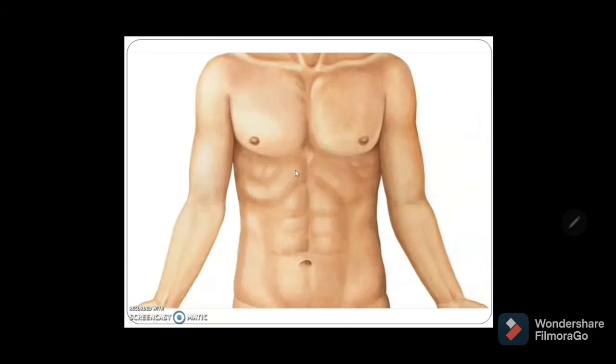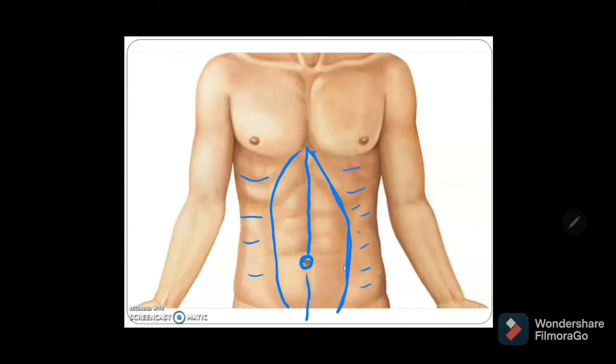When you see the anterior abdominal wall here, the skin is thin and it presents a median longitudinal groove called the linea alba, with the umbilicus. On either side of the rectus abdominis you can see the linea semilunaris, and it shows horizontal Langer's lines, which are produced due to thickening of the collagen fibers in the dermis.